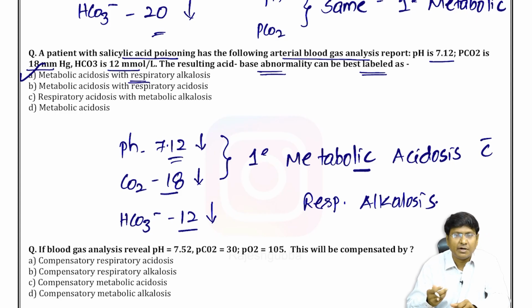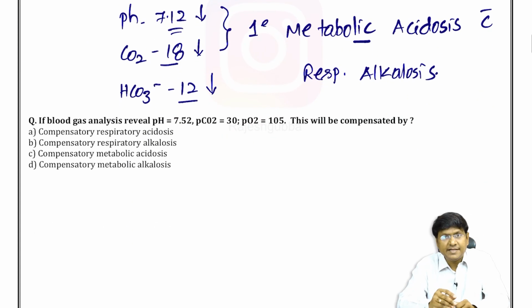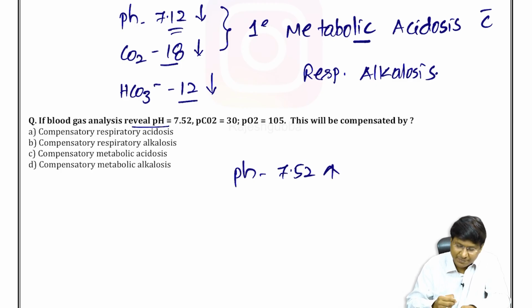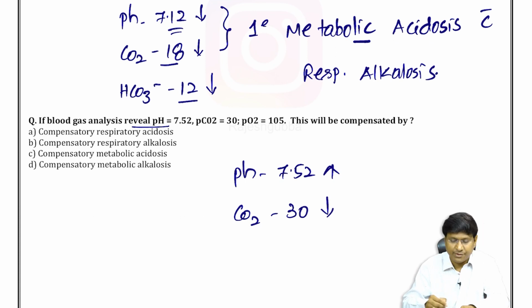Now we'll try to solve one more question on deciding the primary acid base disorder. If blood gas analysis reveals a pH of 7.52, which means an alkalotic pH, and carbon dioxide is 30, which means that the carbon dioxide is reduced.